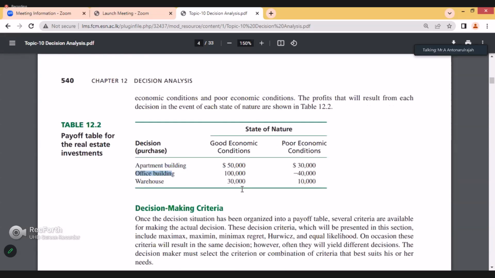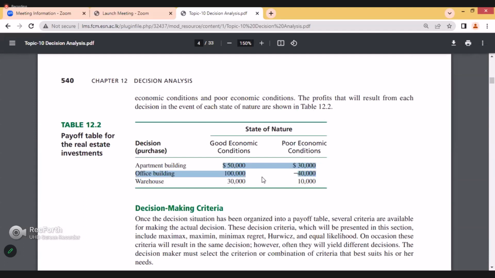By incorporating the decisions, types of decisions, and states of nature, we are able to work out the payoff: how much return or income or loss we get.